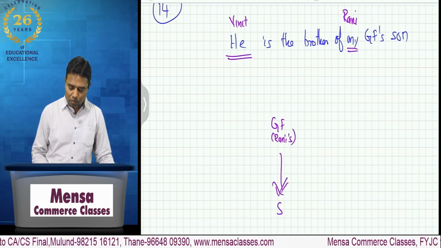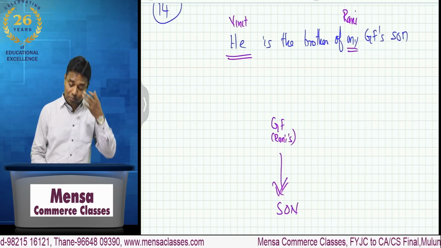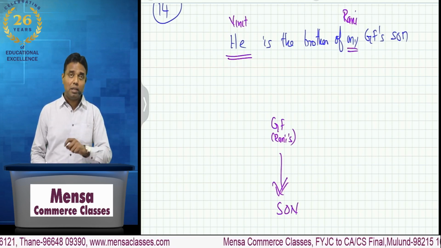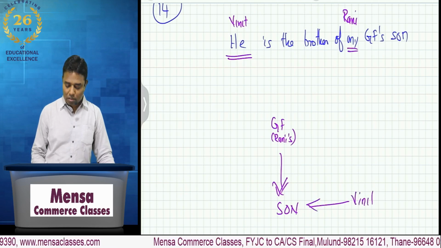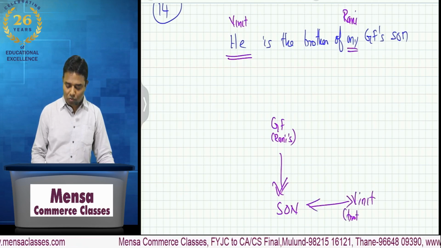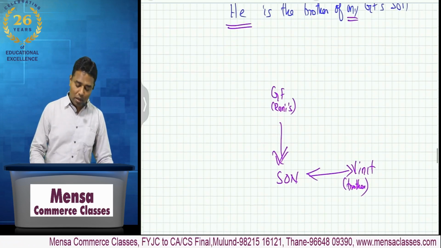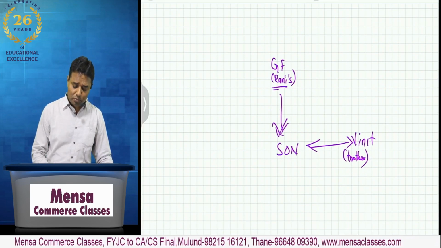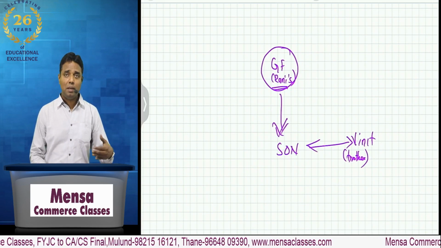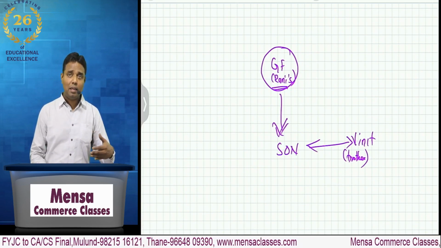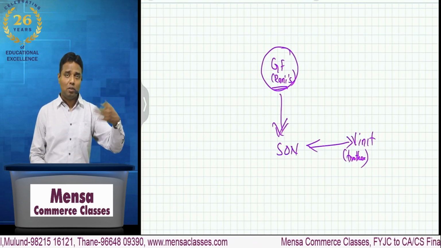His son, we don't know that, name is not given. So Rani's grandfather's son, and Vinith is the brother of Rani's grandfather's son. Okay, now the question is, if this person is Rani's grandfather, then Rani will call him grandfather if that person is father's father or mother's father.